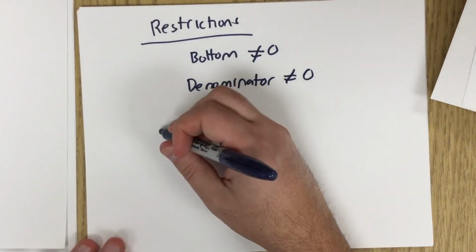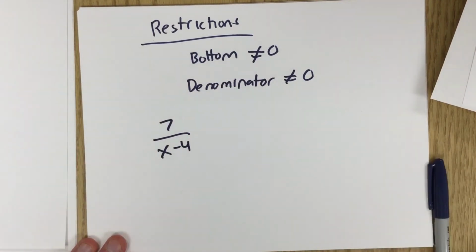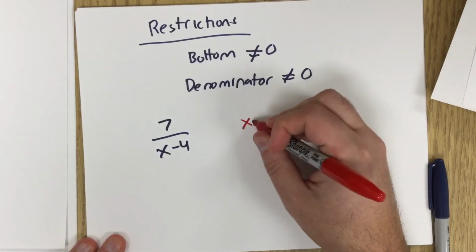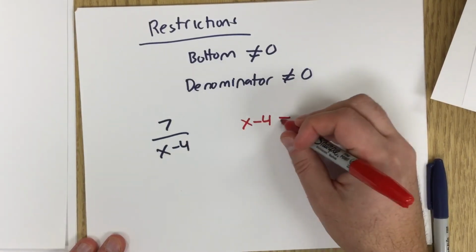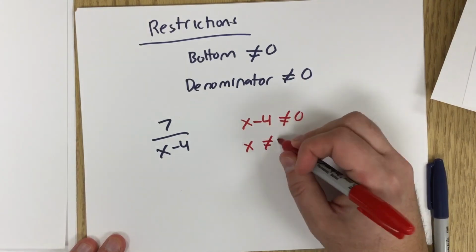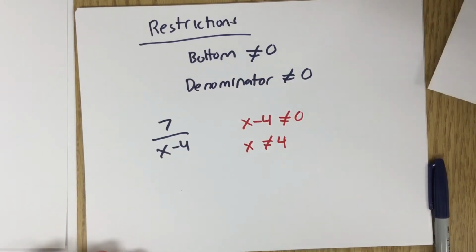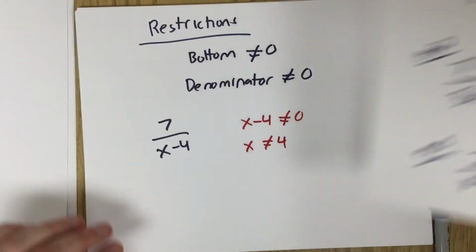So for example, with 7 over x minus 4, we know that x minus 4, which is the denominator, cannot be 0. Bring the 4 to the other side, so x cannot be 4, which was the answer we had before.